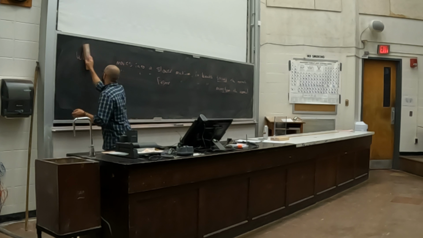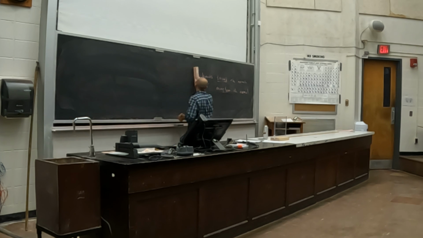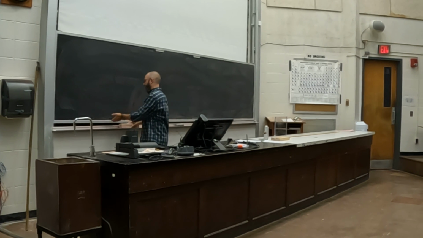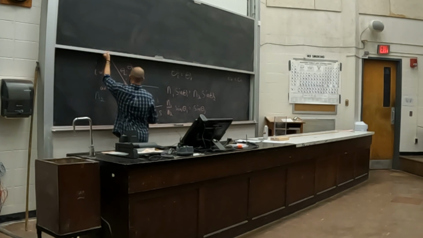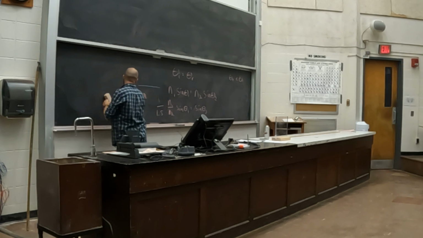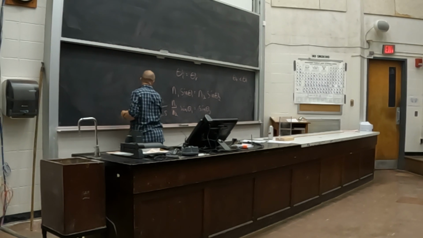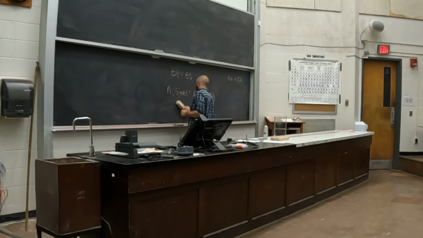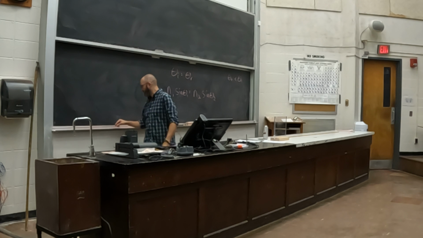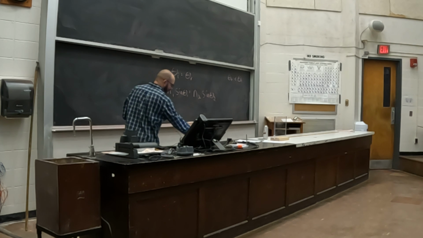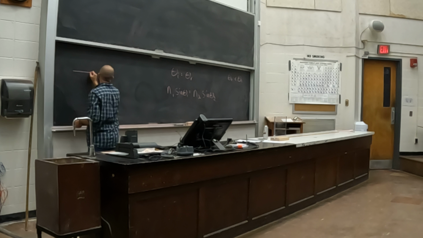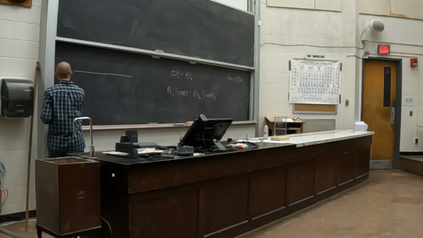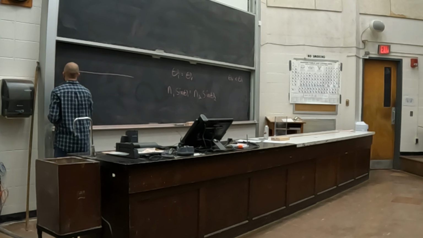So, let's look at a situation. I will leave these equations up there. See if we can get some intuition as far as what's happening. Let's let this be the boundary between my media.